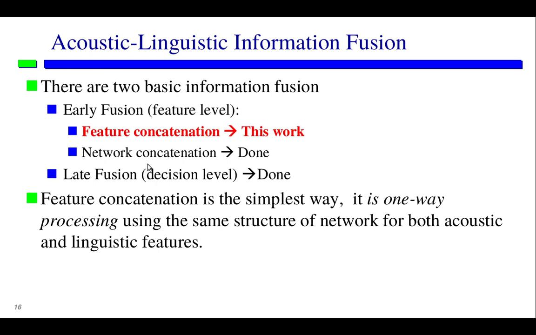If you use network concatenation, we use two models and then concatenate. Late fusion needs more steps, because each feature is processed independently and then the results are combined. Feature concatenation is only one way processing, because we process both features first, combine them, and then input them to the same network and obtain the result.